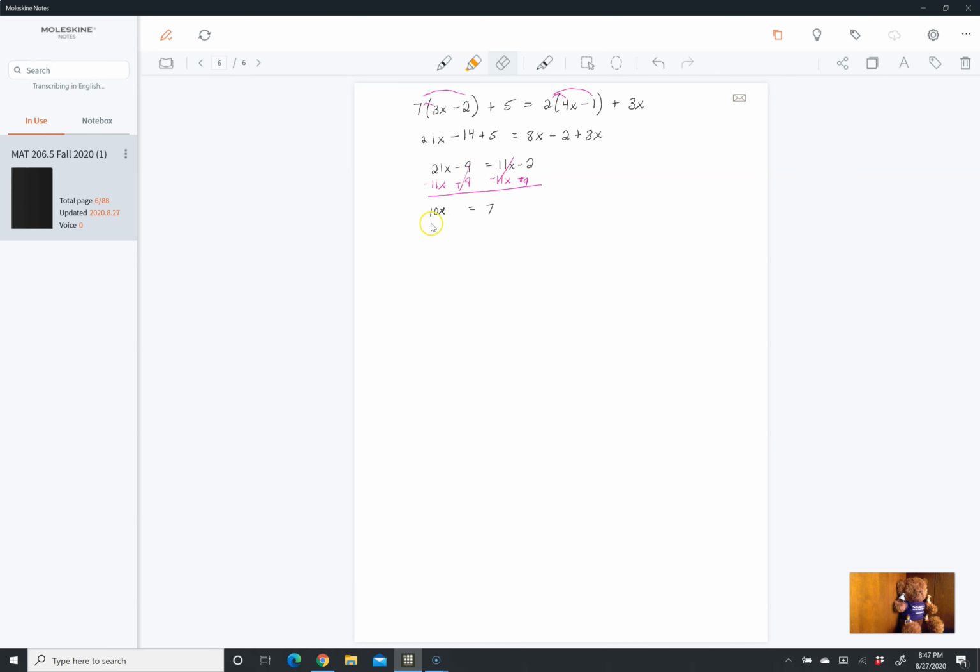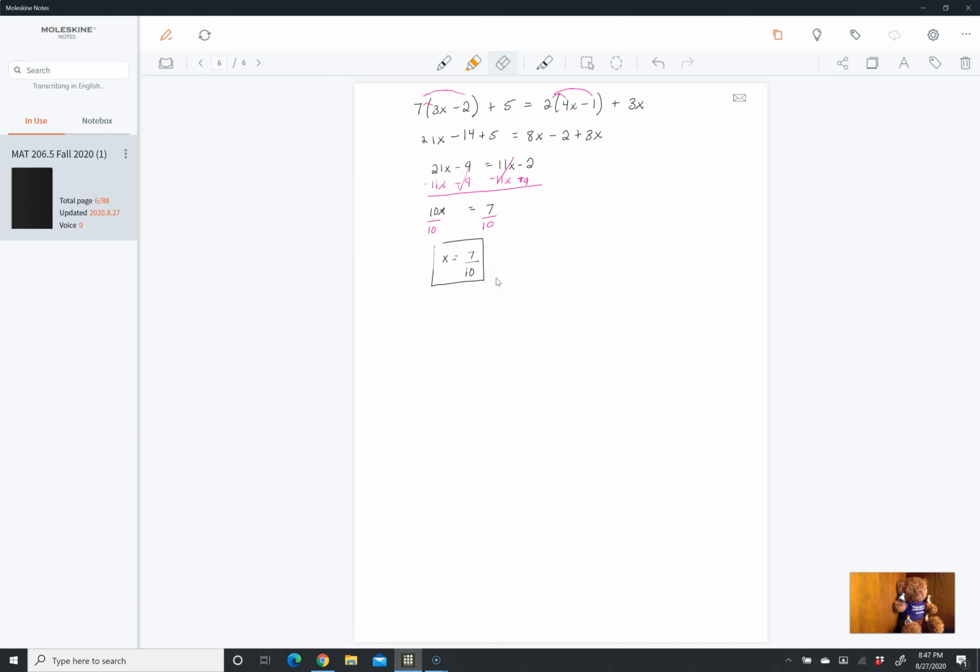We're solving for x, so we divide both sides by 10, and you would leave it as 7 over 10. Don't convert it into a decimal. That would be your final answer there.